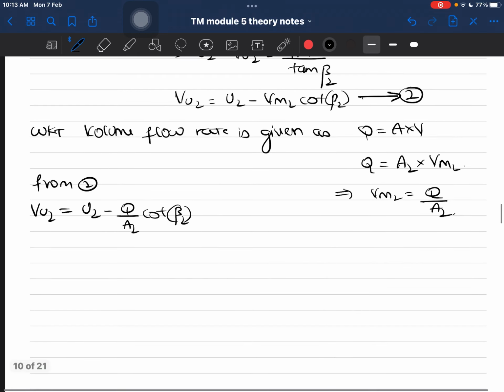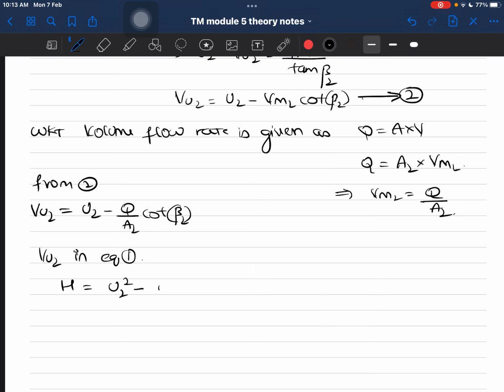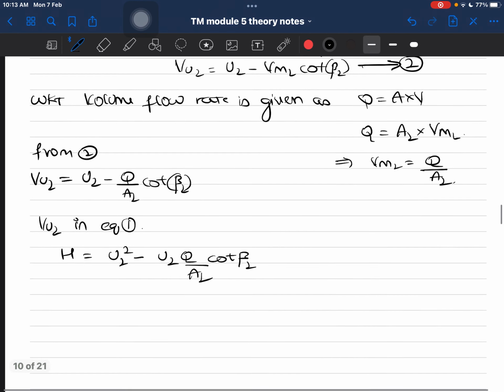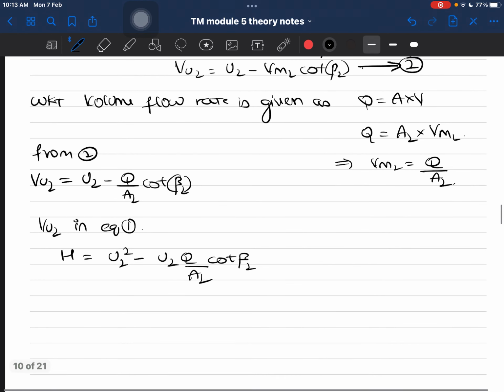Okay, so now substituting the value of Vu2 in equation 1. So what happens there? H is equal to U2 square minus U2 into Q divided by A2 into cot beta 2. So this is what happens when you substitute the value of Vu2 there.